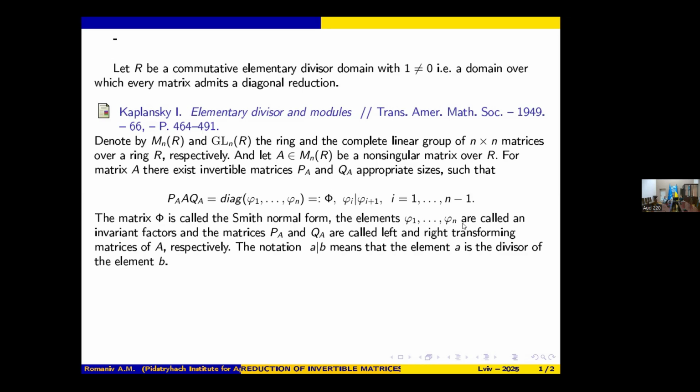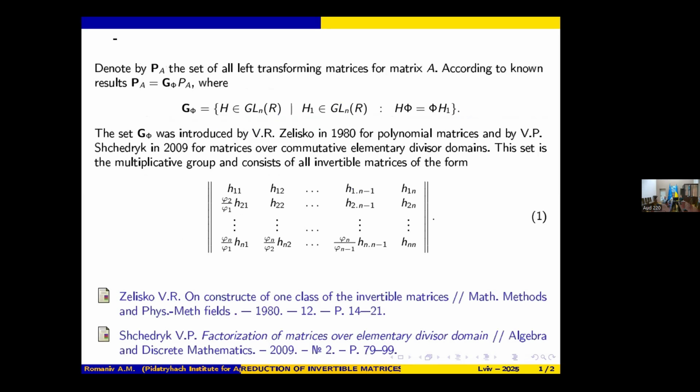The elements phi1 to phi(n) are called the invariant factors of the matrix A. Denote by PA the set of all left transforming matrices for matrix A. According to known results, for this set the equality holds, where G is the set of invertible matrices H such that the product H by phi equals phi by H1, where H1 is also an invertible matrix.